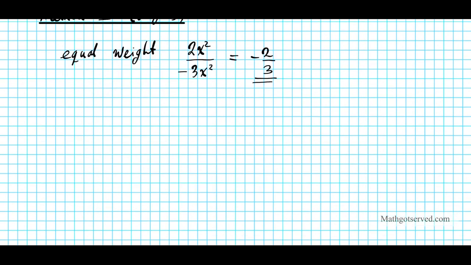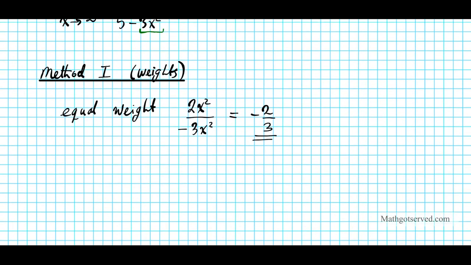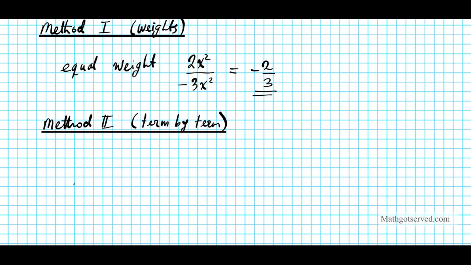Okay, let's go ahead and try another method. Method 2, which is using term-by-term limits. All right, so what we're working on is the limit as x approaches infinity of 2x squared over 5 minus 3x squared. Okay, so now the biggest variable degree in the denominator is x squared.